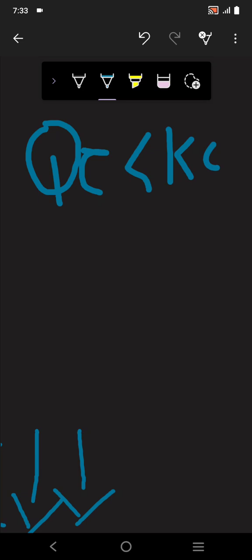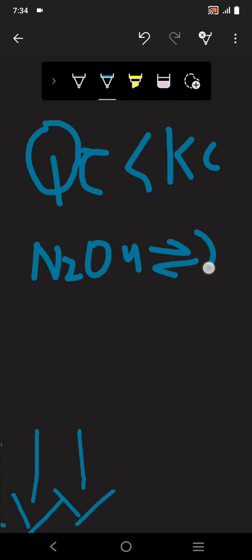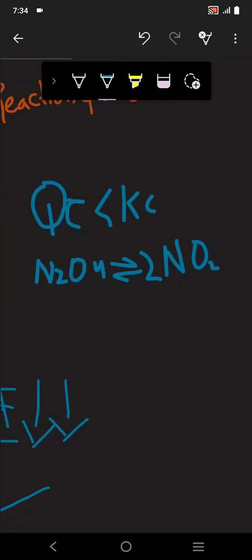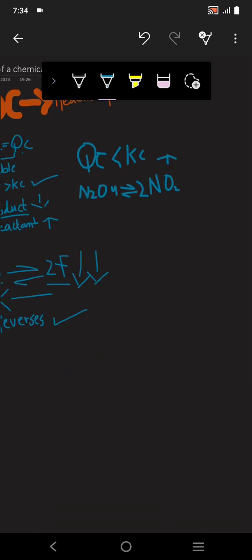I'm writing another example, N2O4, which is also a reversible reaction, to 2NO2. When the product is higher, the product formation will be high and the reactant will be low, meaning reactants are converted into product.